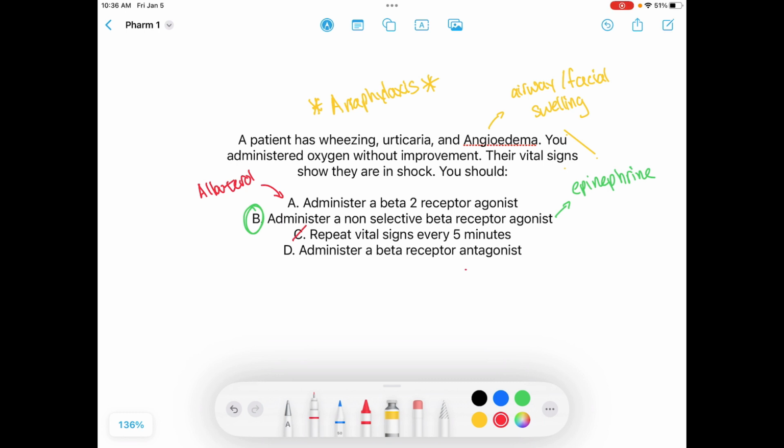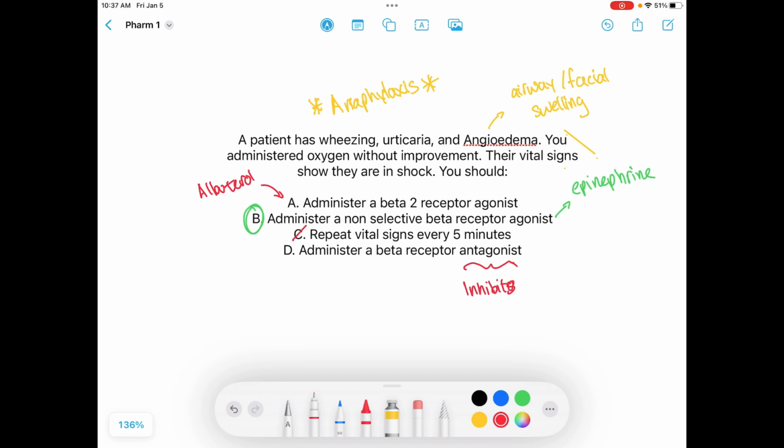An antagonist, we talked about this word, and it means inhibits. We actually don't want to inhibit beta receptors here. Why? Because if I inhibit the beta receptors, I'm allowing more of the parasympathetic nervous system to take over. That increases secretions, which is already an issue in anaphylaxis. It decreases the heart rate, which can potentially be bad in anaphylaxis.